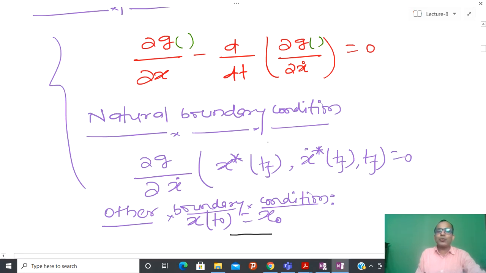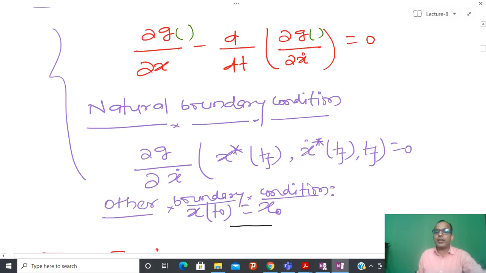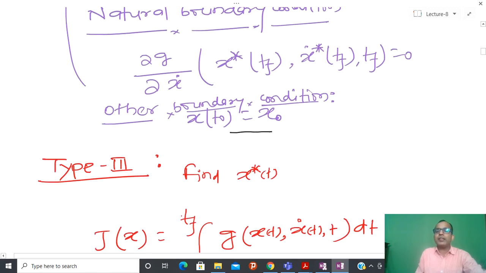Now here one more boundary condition is involved, called the natural boundary condition, and this comes into the picture due to the flexibility of the final state, because we are assuming that tf is known to me but x(tf) is not known to me. Another boundary condition is that initially x(t0) is x0.